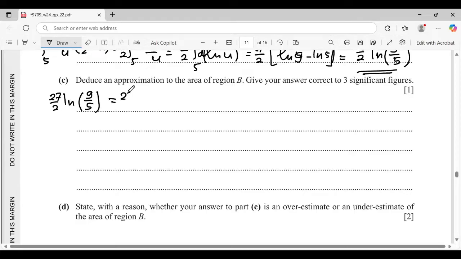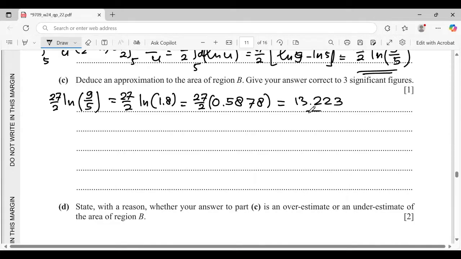So it is 27 half ln 1.8, so 27 half times 0.5878, which is 13.223.